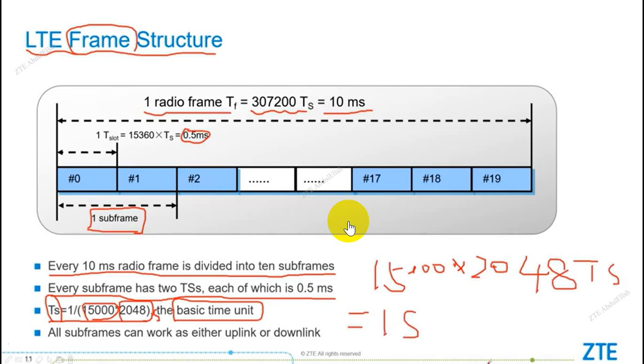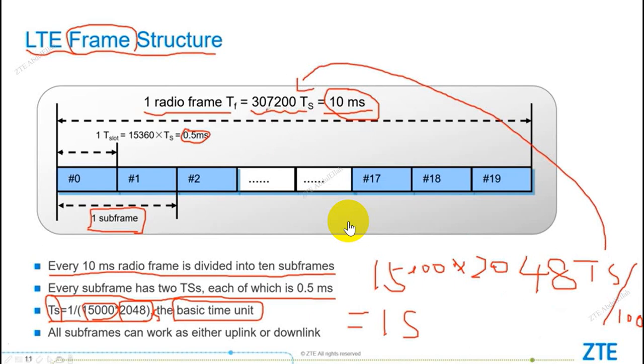So 1 second includes 15,000 multiplied by 2048 TS. But now this is not 1 second, this is 10 milliseconds, so we need to divide this value by 100, and the result will be 307200 TS. You can try to calculate.